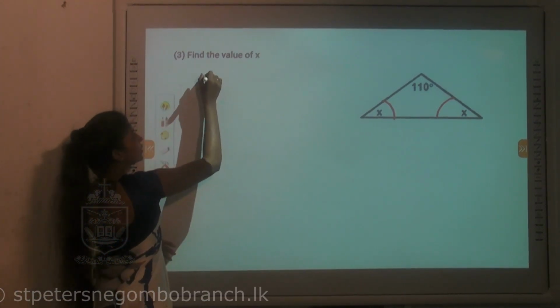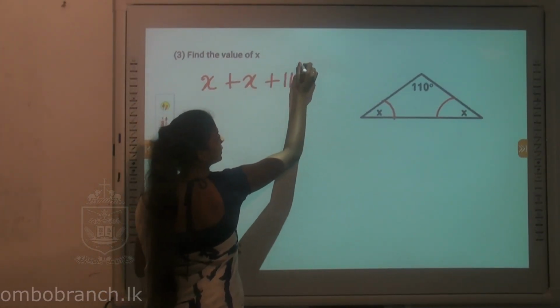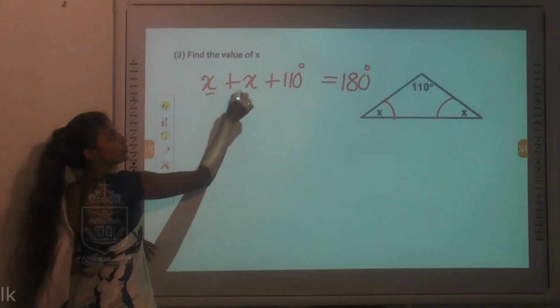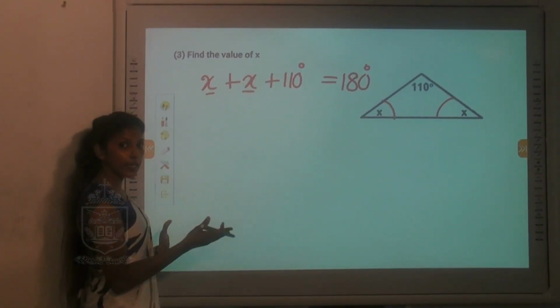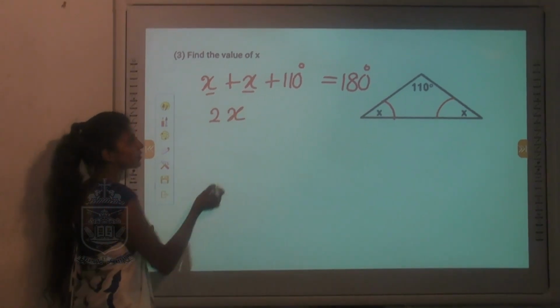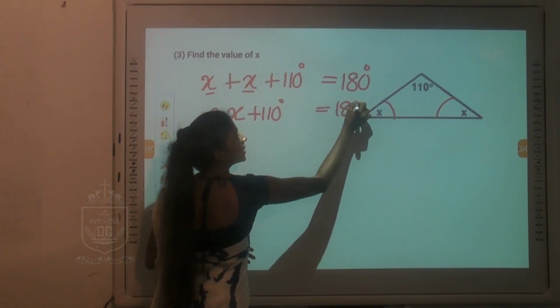So let's see. You are going to add x and x and 110 degrees and equal it to 180 degrees. You know that these two are like terms, so you can add them and get 2x. X plus x, answer is 2x, and then 110 degrees equal to 180 degrees.